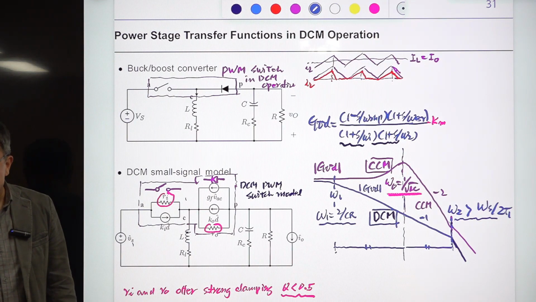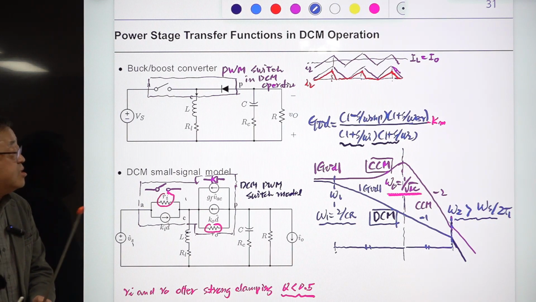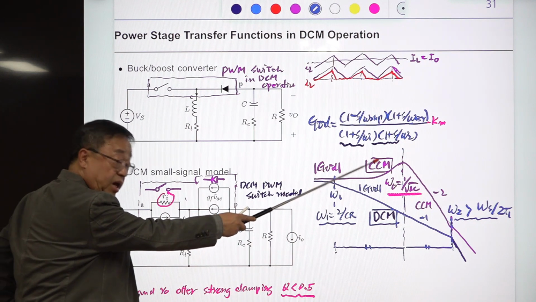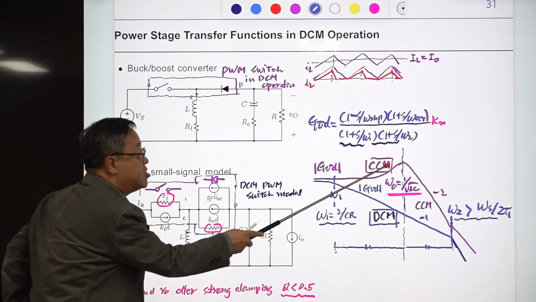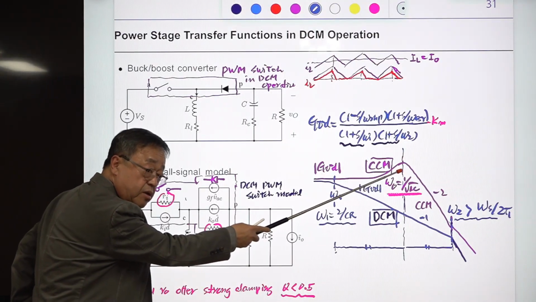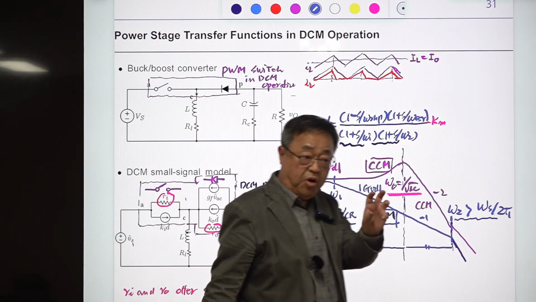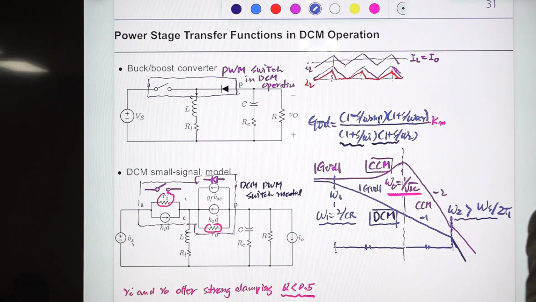The answer is CCM. The reason is that CCM is the worst case. If you make your converter stable for this worst case CCM, probably for the boost converter, the low line, heavy load condition is absolutely the worst case operational condition, then the converter remains stable all the time, for its entire lifespan.